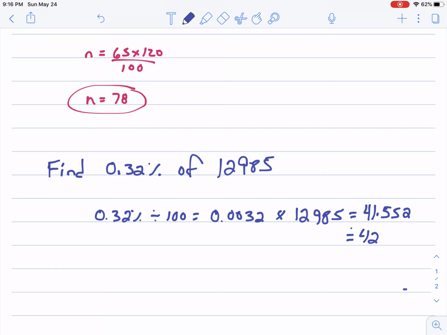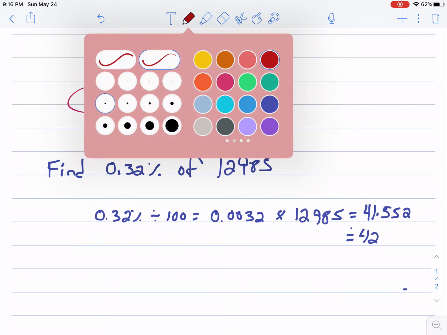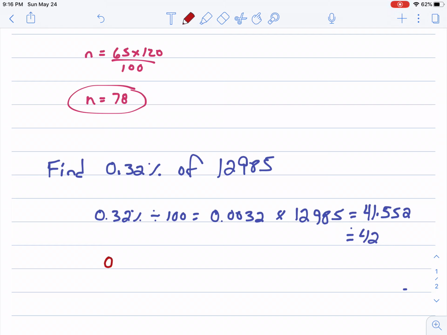Same logic, I could take this exact same question and I could approach it using my ratios. 0.32%, comparing it with 100%. On the other side, I know I'm trying to figure out what the 0.32% is, but I know that 12,985 is that one.